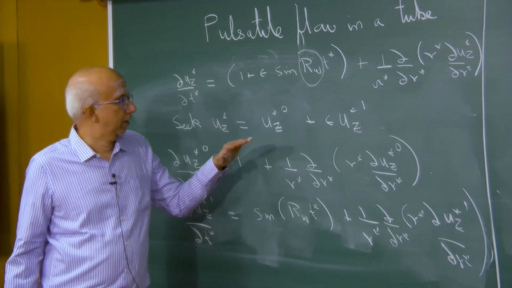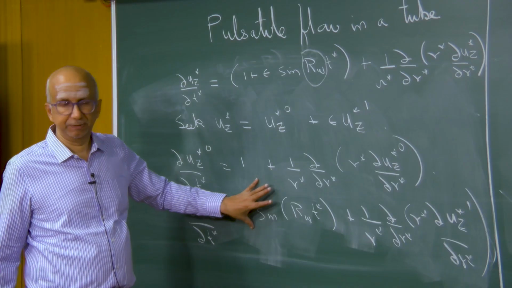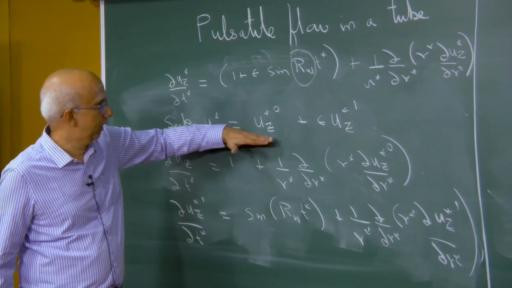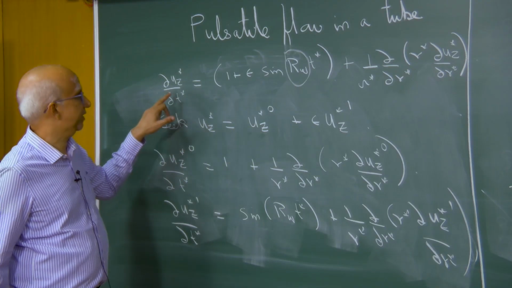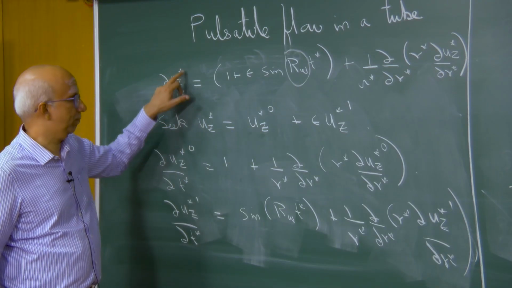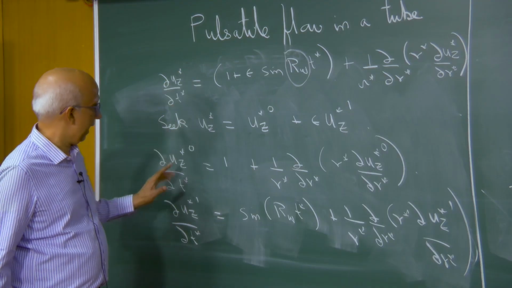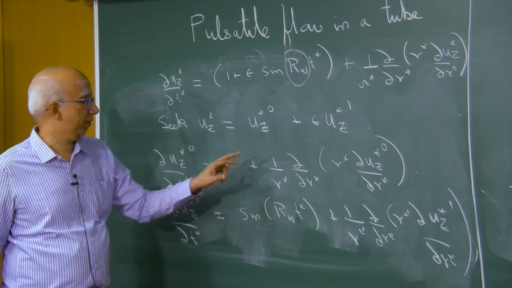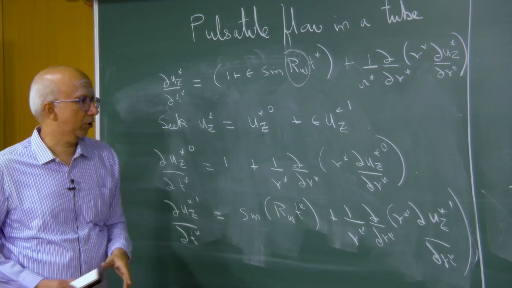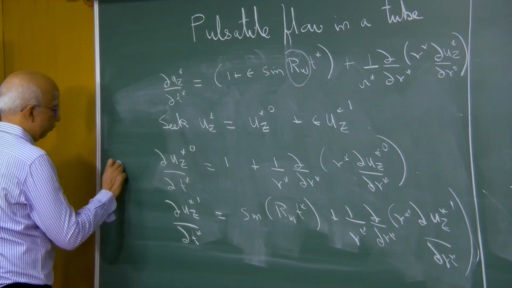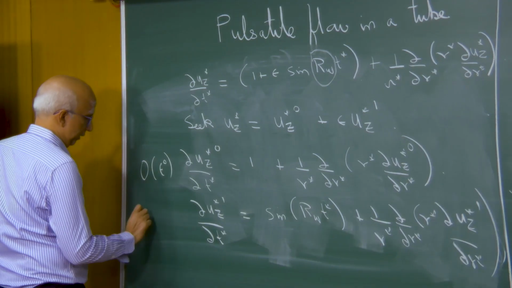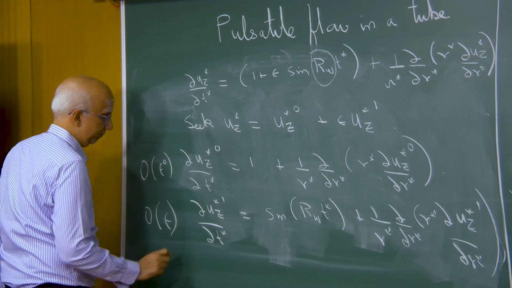How do I get these two equations? You can substitute this velocity form for u_z* here. So, you get u_z*0 plus epsilon u_z*1, and the epsilon to the power 1 is here. This equation is of order epsilon to the power 0, and this equation is of order epsilon.